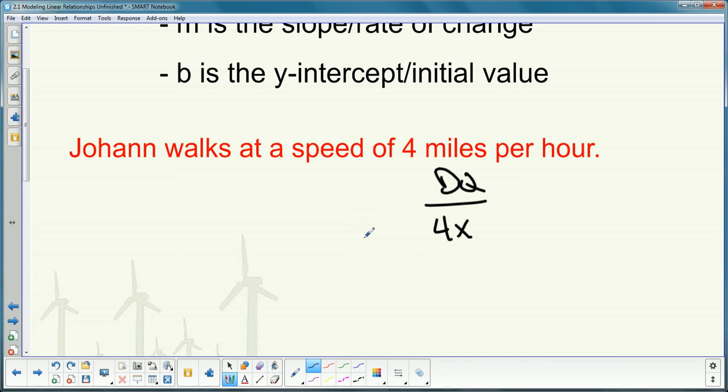So our equation, once we have our expression, we can just say is f of x equals 4x. In this case, you could even think about your b, the y-intercept, as being 0, because when he starts walking, he hasn't gone at all, and then his rate of change is how much he walks per hour. So this is also your slope, which is 4.